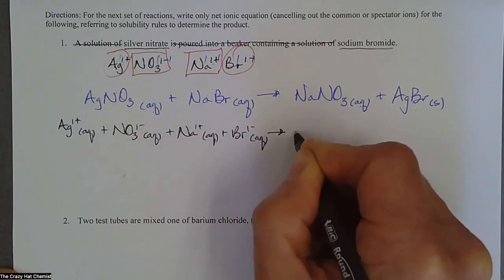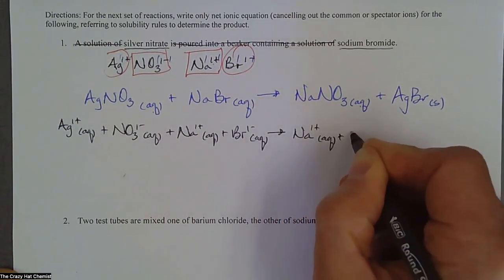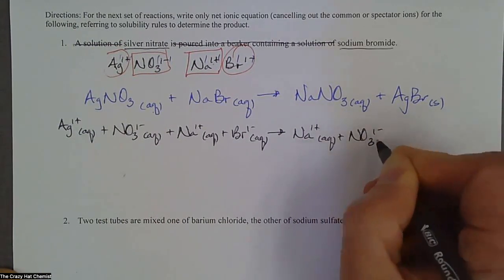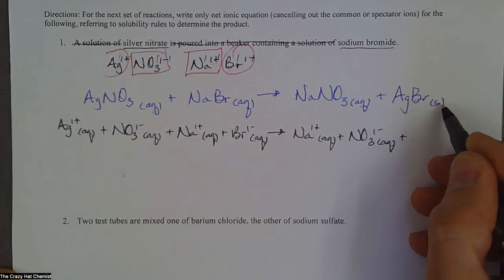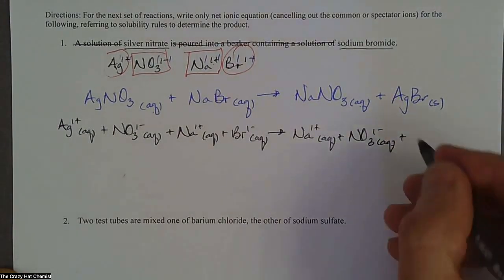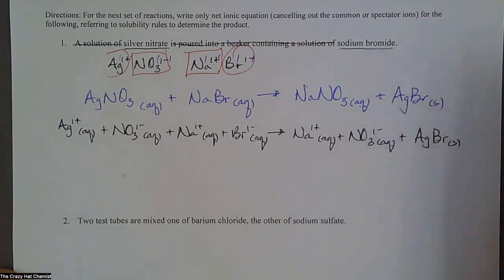And then Na1+ aqueous and NO3 1- aqueous. And then if it's a solid, liquid or a gas, you keep it together, and that would be AgBr, and that is a solid. So this is called the total ionic equation right here that we see.